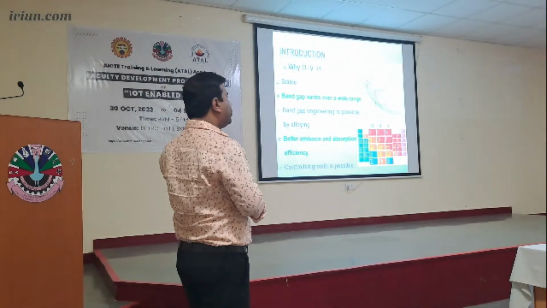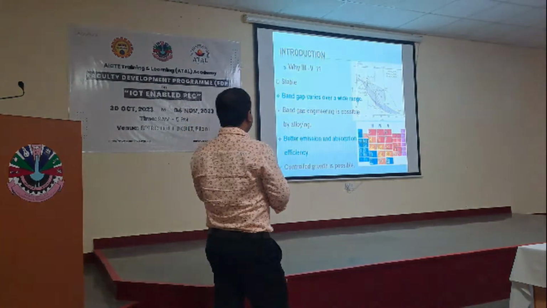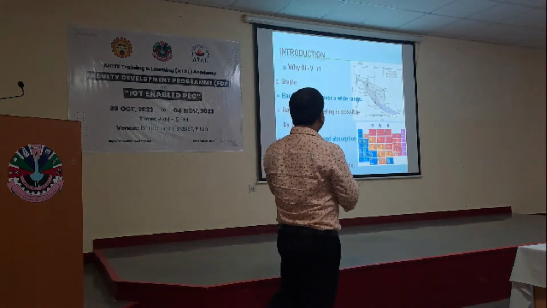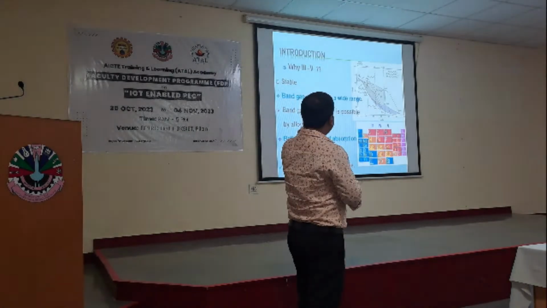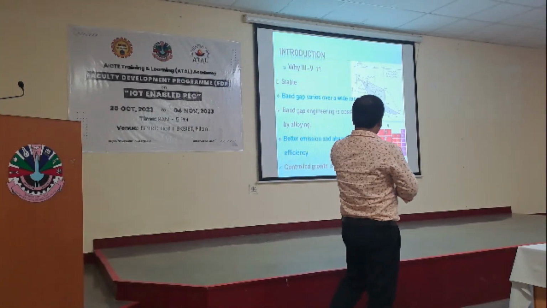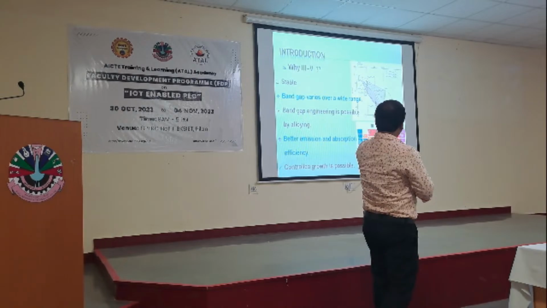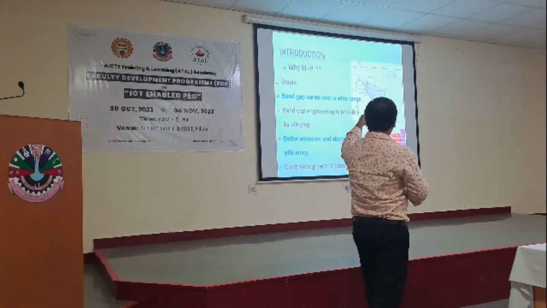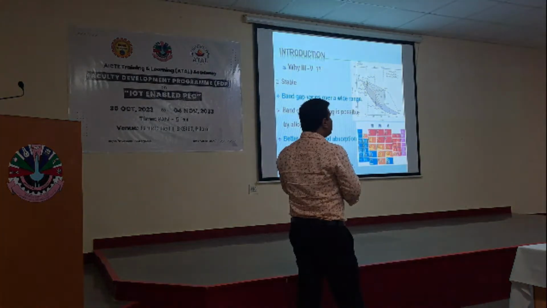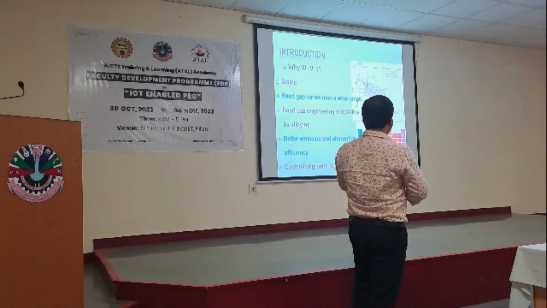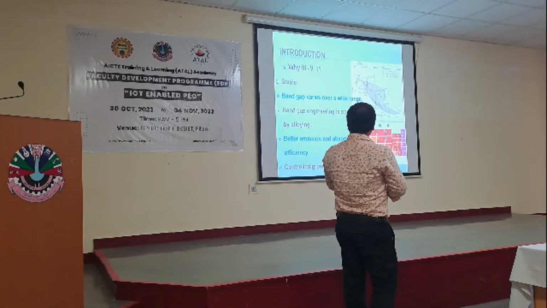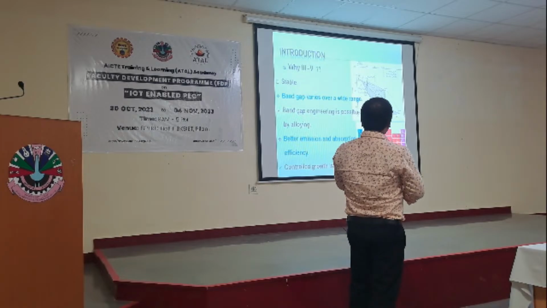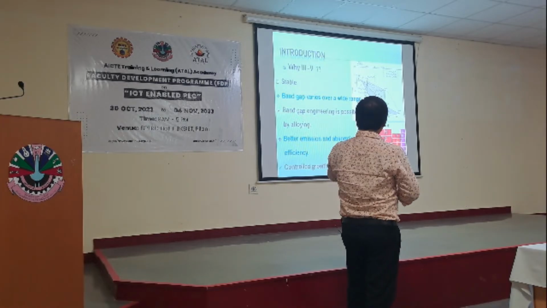Now, first of all, a query comes to my mind: why are people so much interested in 3-5 materials? You see in the periodic table group 3 and group 5. Gallium belongs to group 3 and arsenic belongs to group 5, and it has very attractive properties.